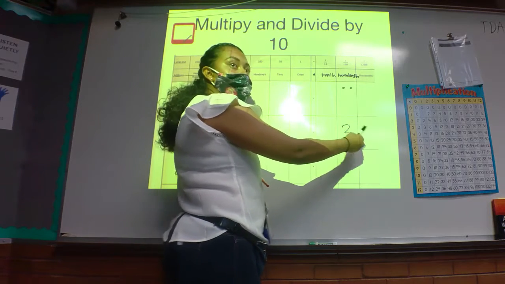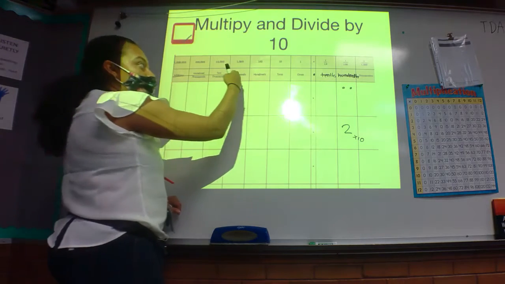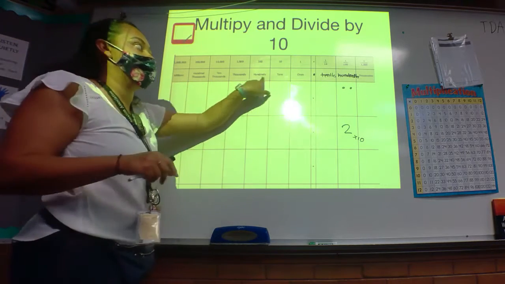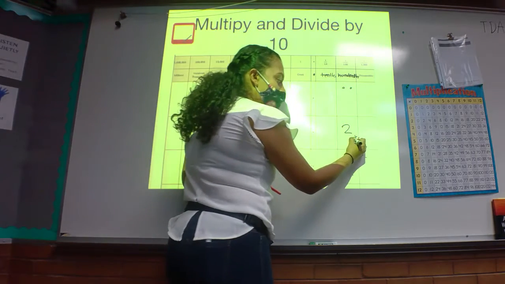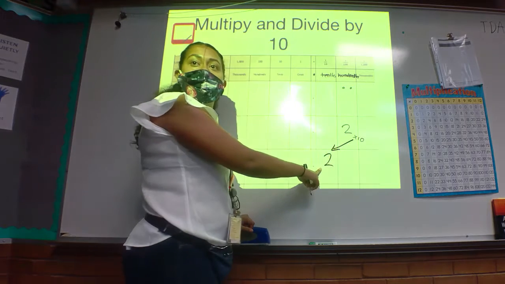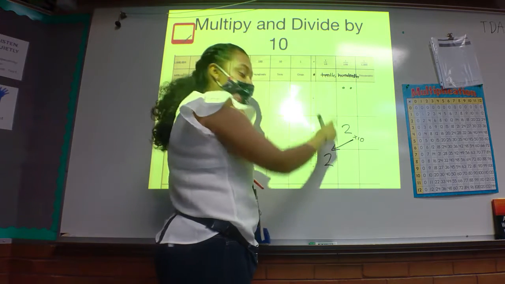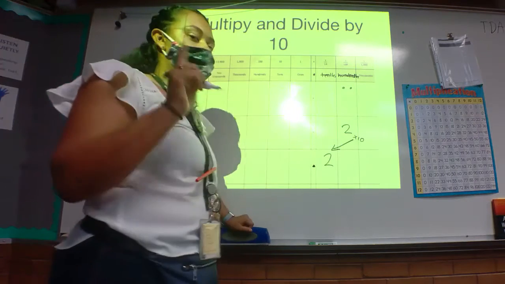And it can only get bigger if it goes this way. Okay, because do you see how the farther to the left we go, the bigger the place value is? Okay, so that would be 1 jump to the left. So that means we now have 2 tenths. 2 tenths. There is no ones.